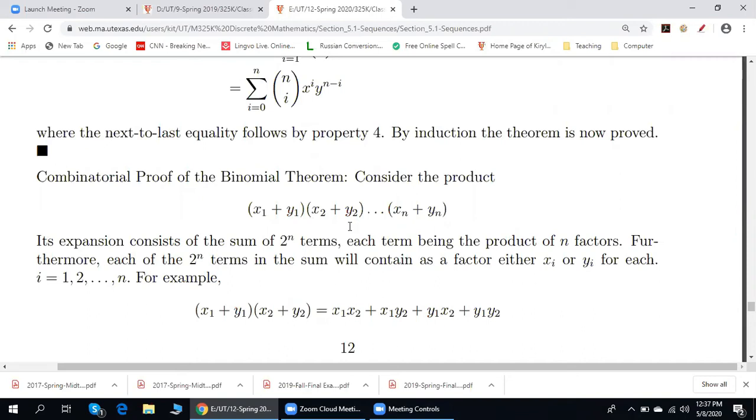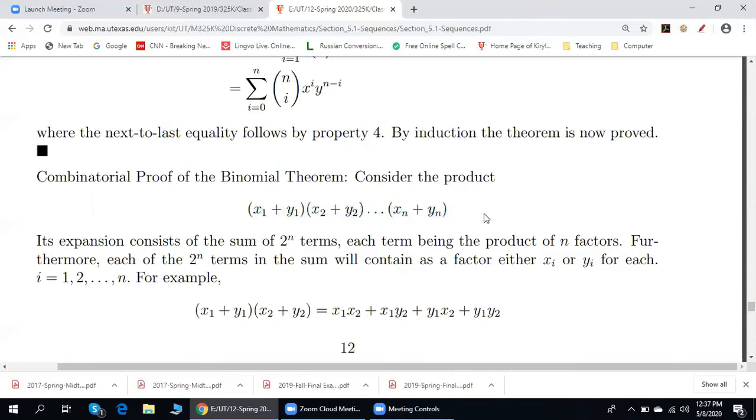This means that each time when we select one of the terms here in order to expand parentheses, we choose in total k x's out of n possible x's, or equivalently n minus k y's out of n available y's.